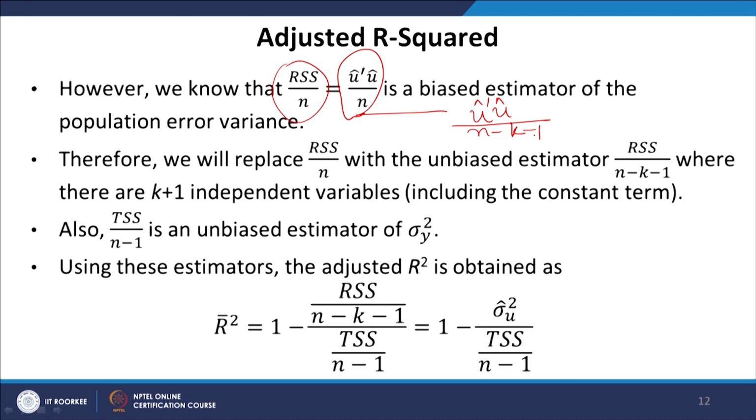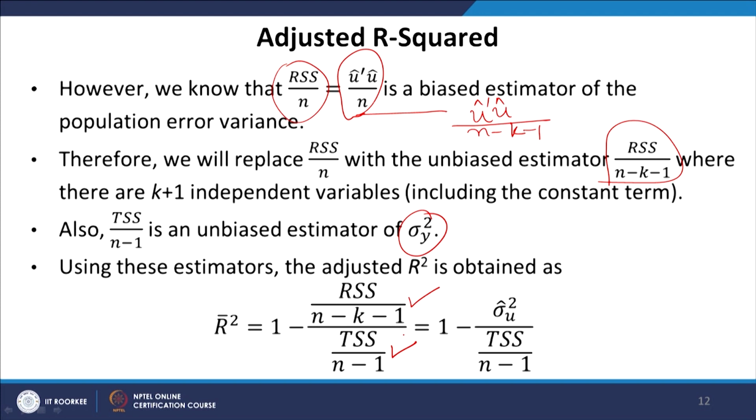Therefore, we will replace RSS by n with RSS upon n minus k minus 1, where there are k plus 1 independent variables including the constant term. Also, TSS upon n minus 1 is an unbiased estimator of sigma square y for the same reason, dividing by the number of degrees of freedom. So, using these estimators, the adjusted R square is obtained as RSS upon n minus k minus 1 divided by TSS upon n minus 1.